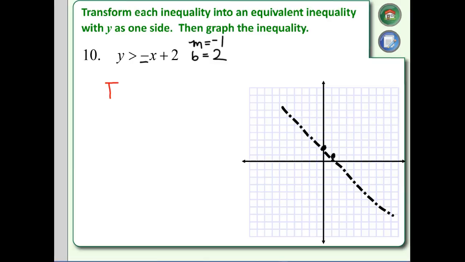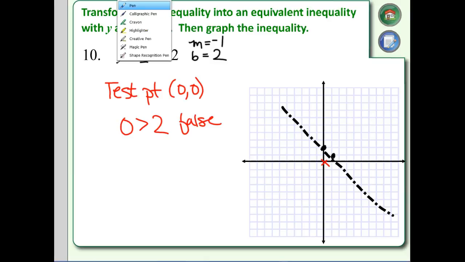Well, as usual, I'm going to use an easy point that'll give me easy math. So we're going to use 0, 0. X marks the spot. And so if I go over here then, we're going to plug in 0 for y is greater than 2. Is that true or false? Well, once again, that is false. The big fat side is not by the big fat number.